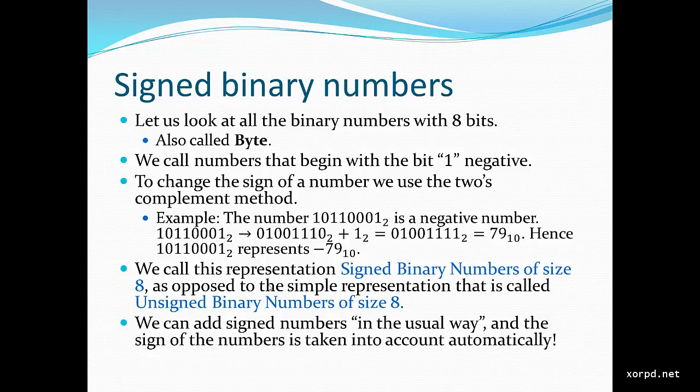We call this representation of numbers the signed binary numbers of size 8, as opposed to the simple representation that we learned earlier, that is called unsigned binary numbers of size 8. What does this notion mean? What does signed mean? It means that it has a sign of plus or minus, kind of a virtual sign.